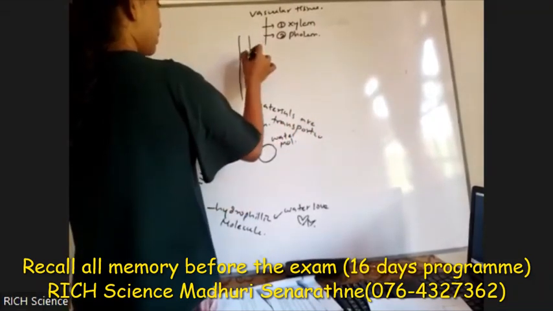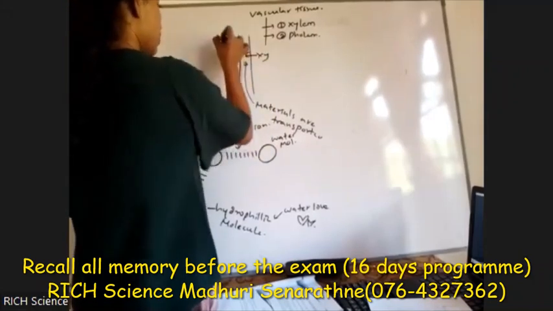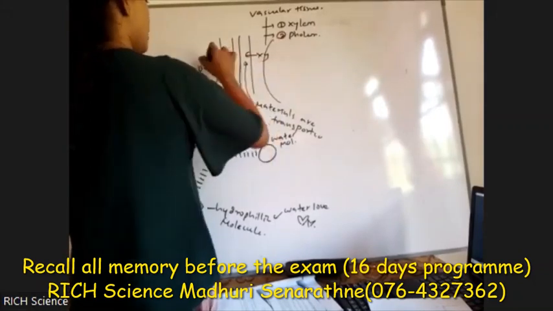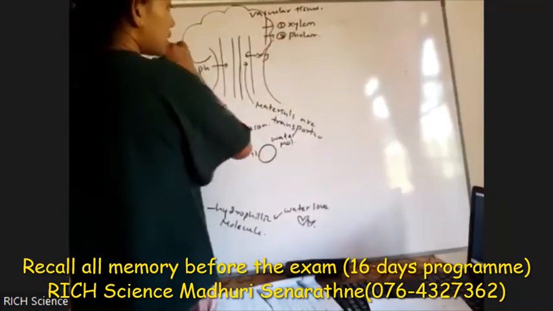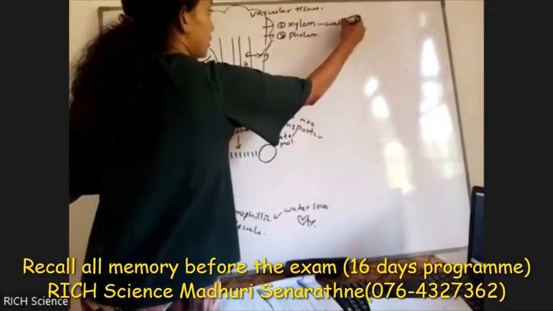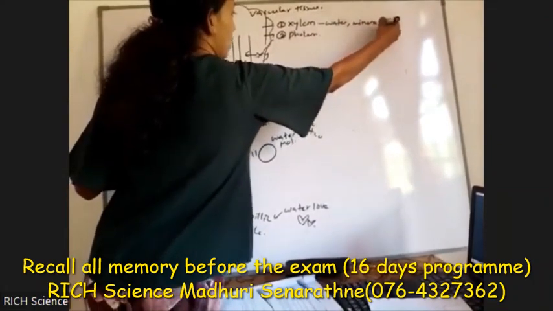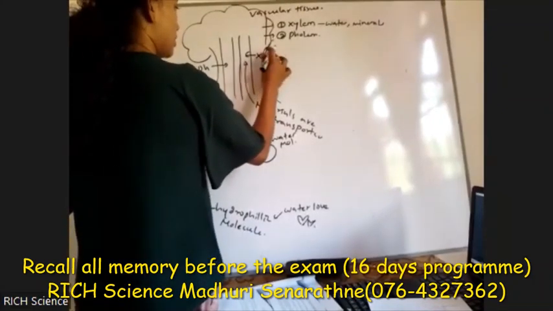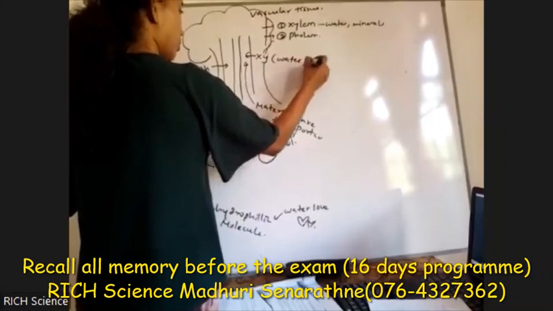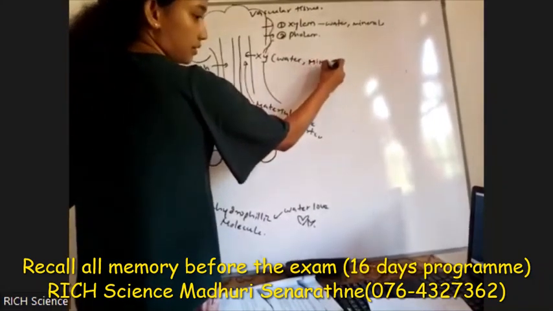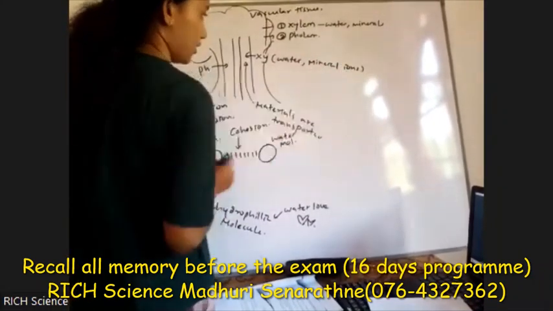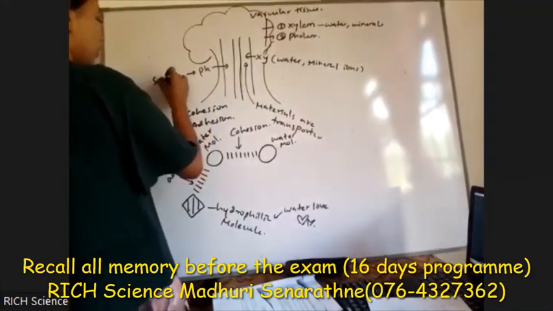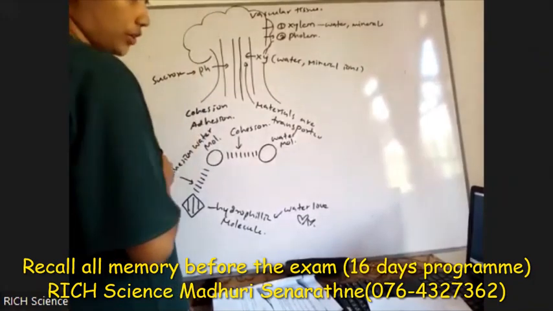If this is the xylem tissue and this is the phloem tissue in a plant, water and minerals are transported via the xylem tissue. That means via the xylem tissue, water is directly transported, and mineral ions are dissolved in water. In the phloem, mainly sucrose is transported as a solution.